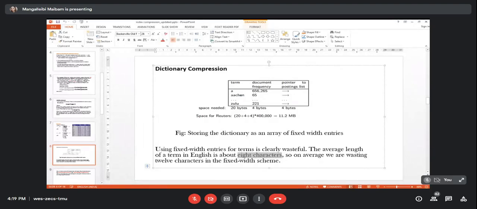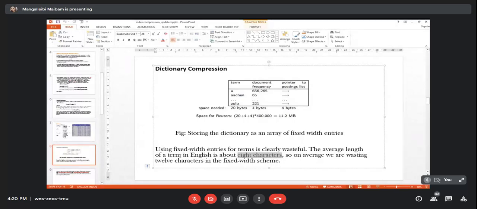Okay, so for every term storing, we need 20 bytes. We consider 20 bytes as fixed width entry. And for document frequency, we are going to use about 4 bytes. And for pointer we are going to use about 4 bytes.